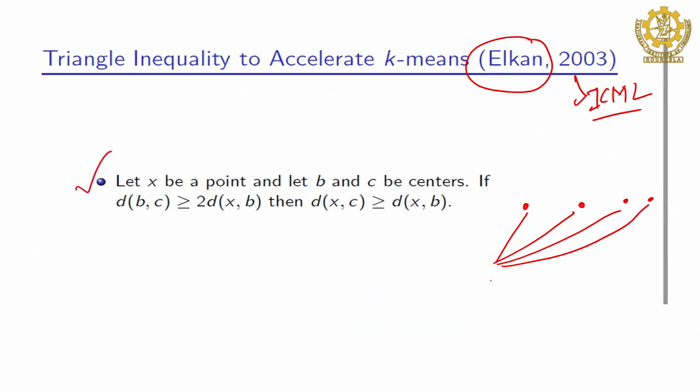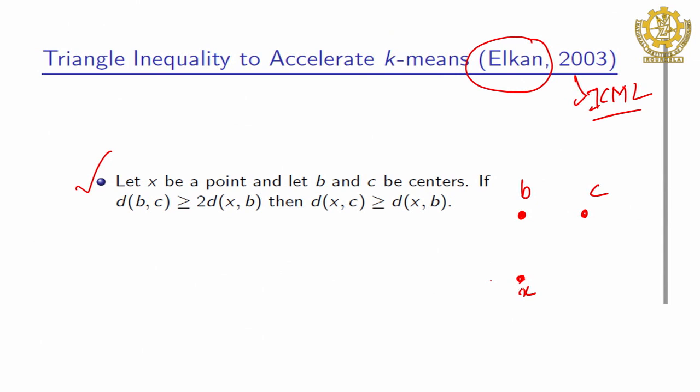How? Let us say here we have 2 centroids, B and C, and we have a point x. We are trying to find whether the point will be assigned to B or C, any one of the centroids. Say there will be multiple centroids, so we can generalize that. First, think of 2 centroids B and C and a point x.